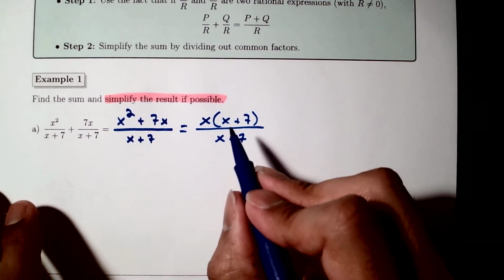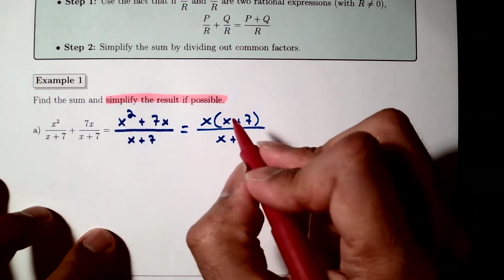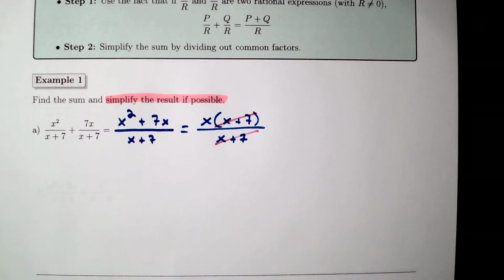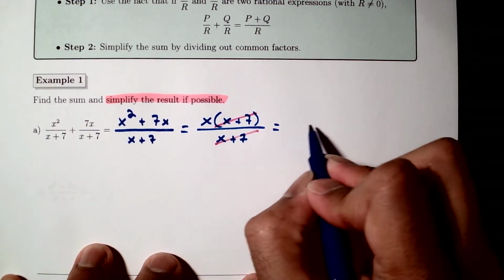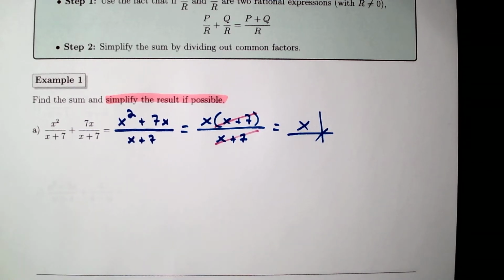As we can see here, we can divide out this x plus 7 with that x plus 7. And the final answer is x. So that's our first example.